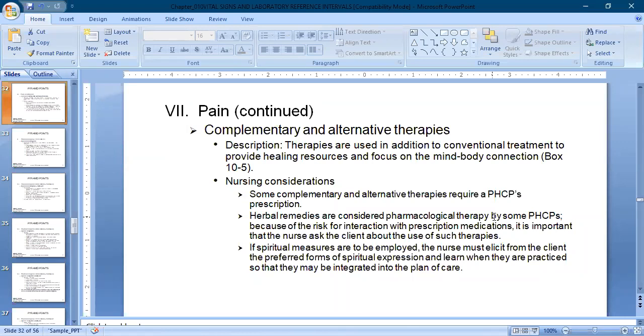Especially the medications starting with the letter G, they always interact with blood thinners. So if your patient takes heparin, warfarin, or Coumadin at the same time as an herbal medication, there is a chance of developing an interaction.